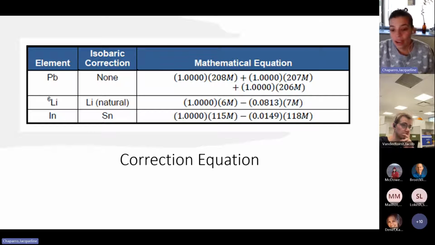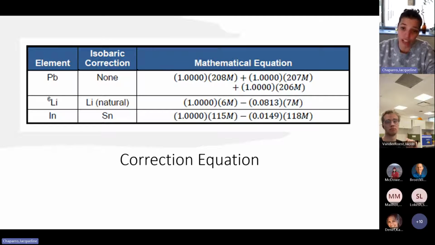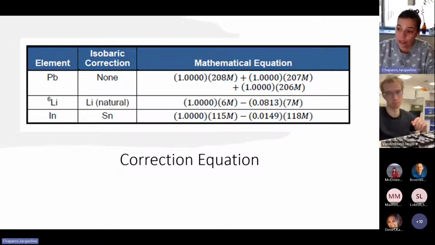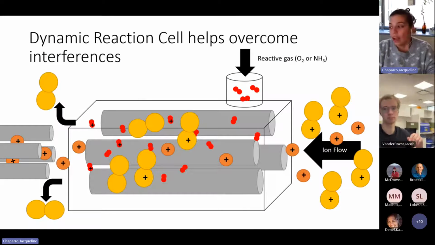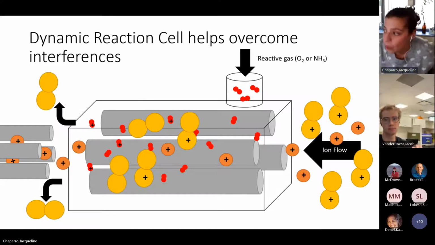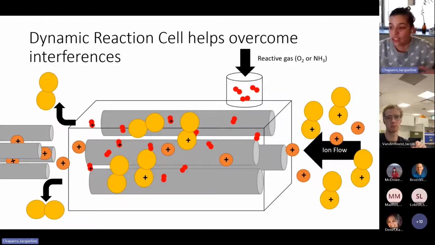The way that we can further and most routinely get rid of interferences is by what is called the universal cell, the dynamic reaction cell, which is the feature that we have. Essentially, we have a small chamber where reactive gas, in our case either oxygen or ammonia, is used.